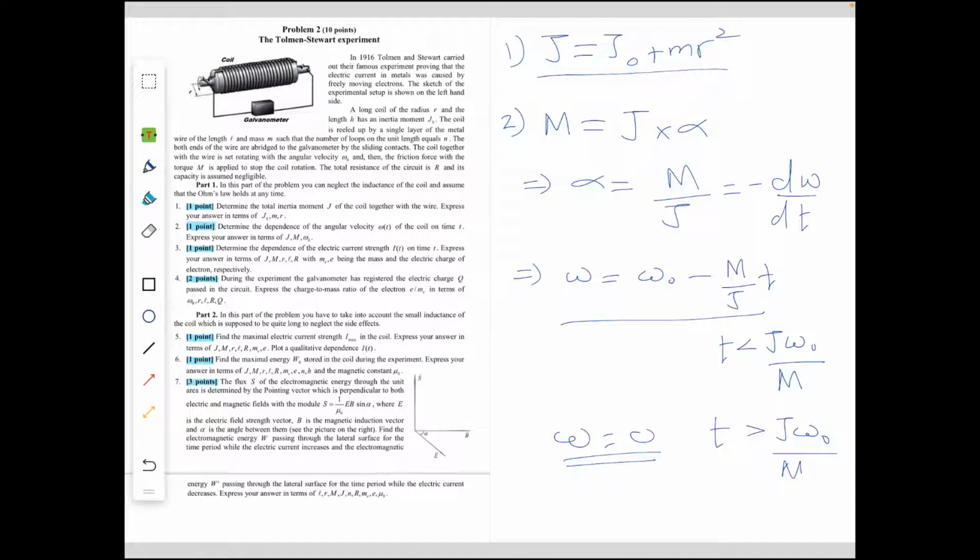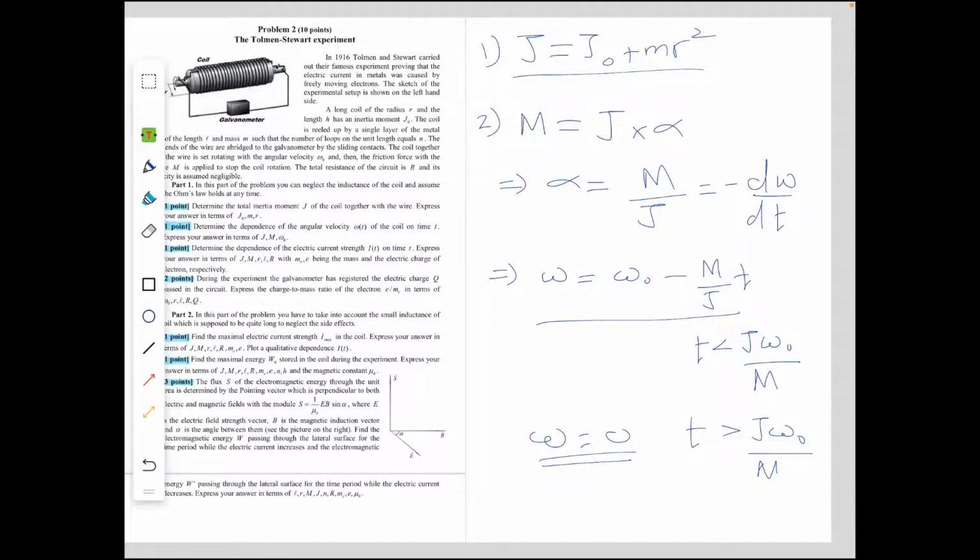Then for part 3, determine the dependence of electric current strength I as a function of t. What we can observe is that just after the coil stops, the electrons won't stop moving, and they will face a resistive force equal to mass times acceleration in the opposite direction of the acceleration of the coil.